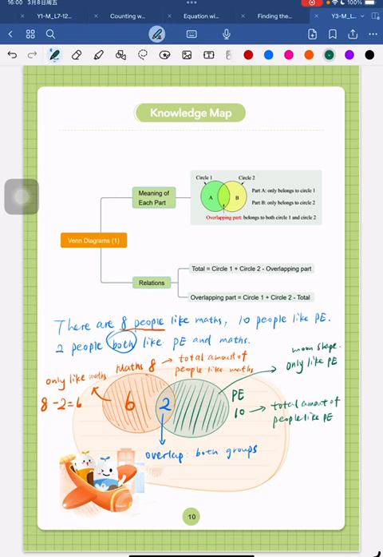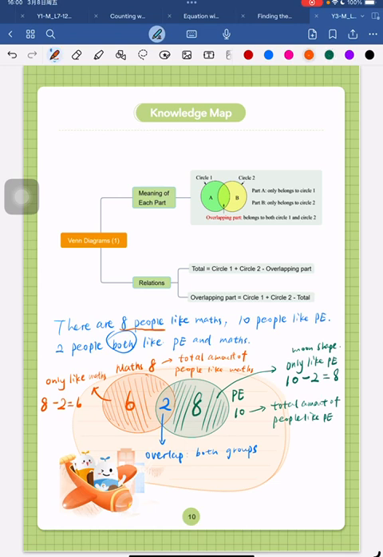So how do we find how many people only like PE? We just need to use the whole circle, 10 people, and take away the 2 people in the middle because they like math as well. Then we would get 8 people on the right hand side. Okay, so that is the meaning for each part.